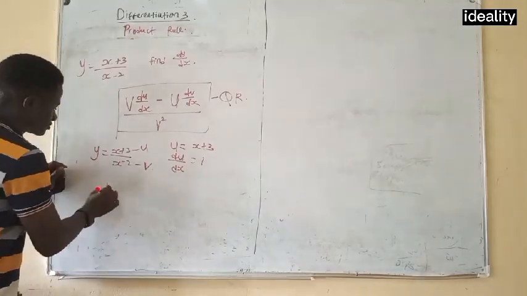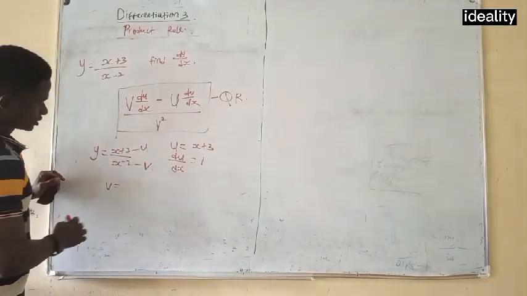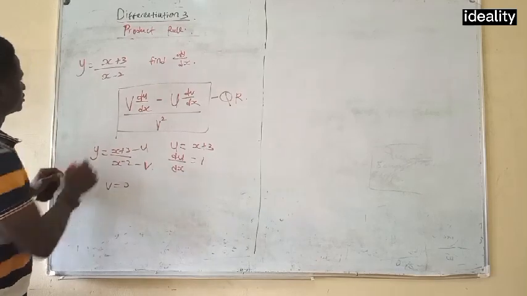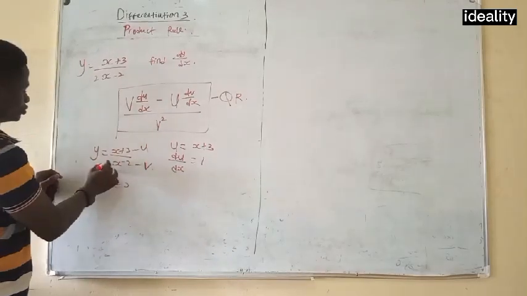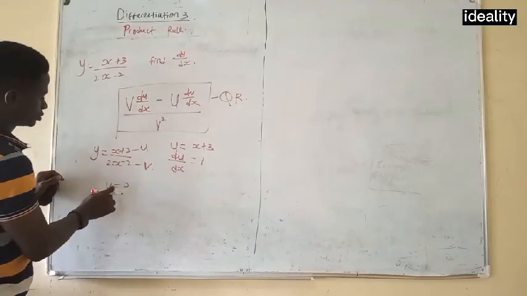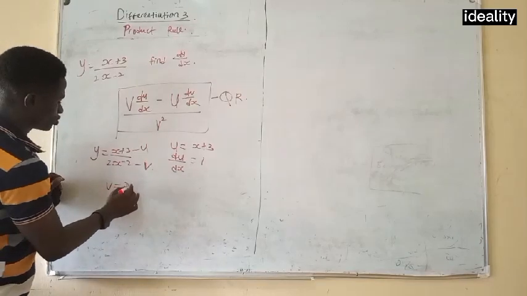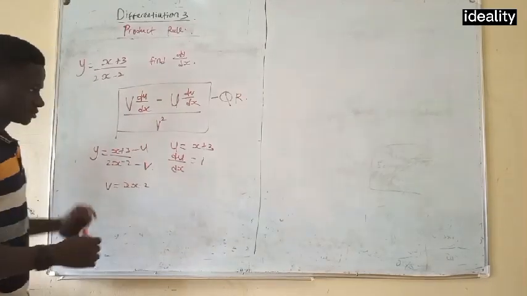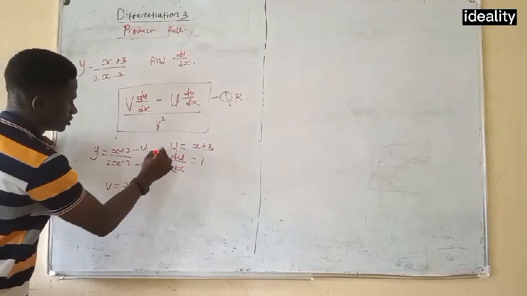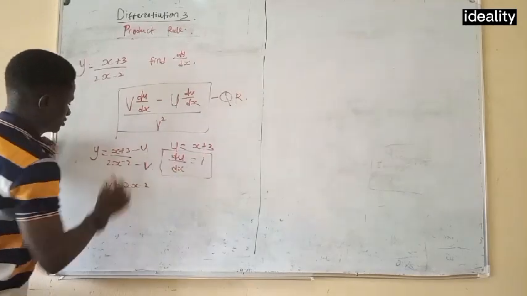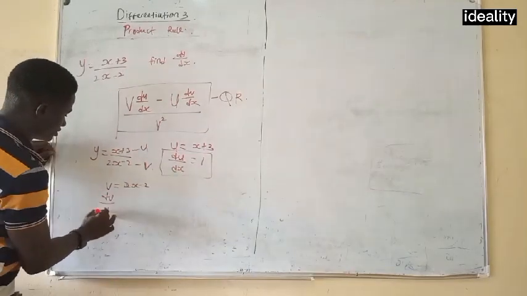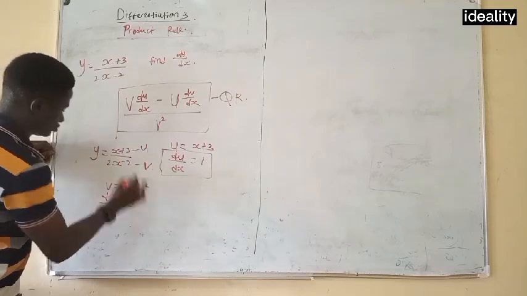And if my v is equal to 2x minus 2, then dv/dx is equal to 2.